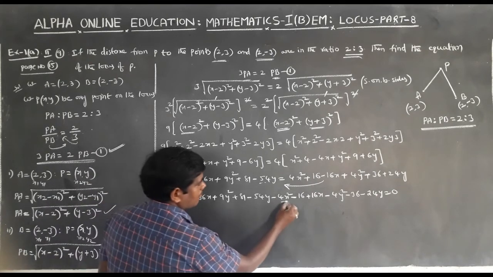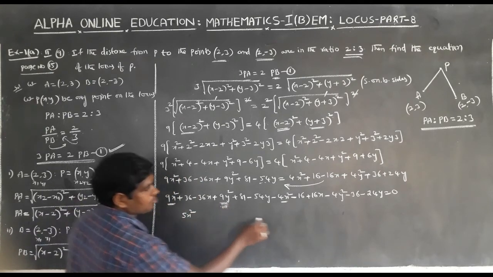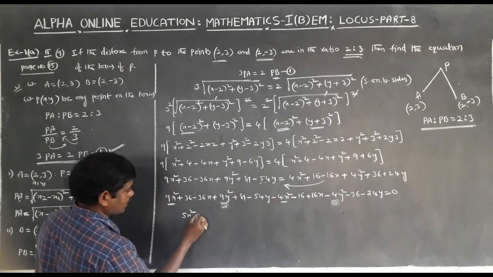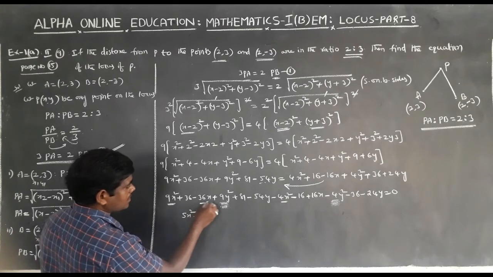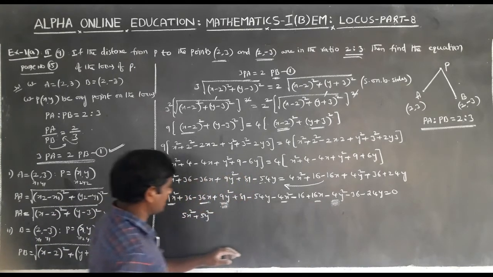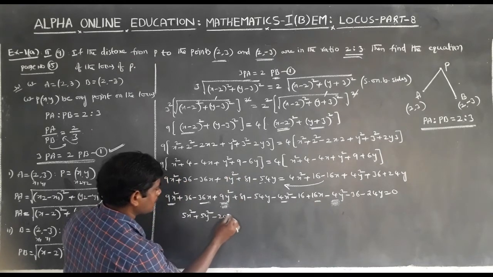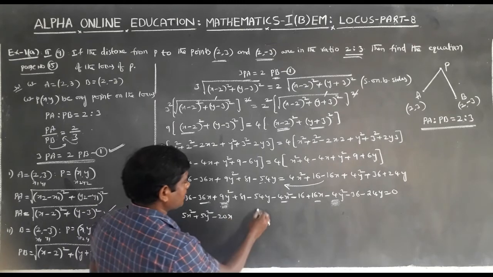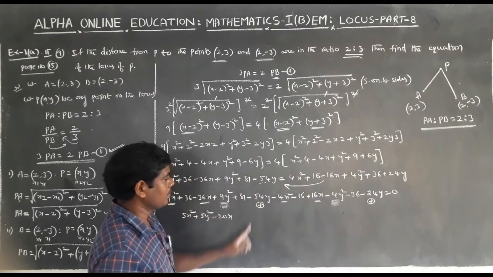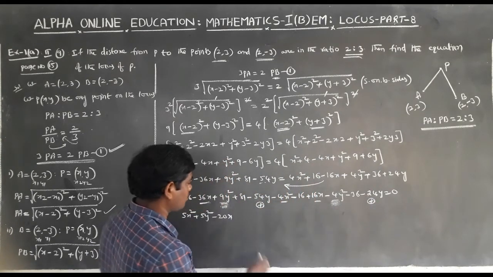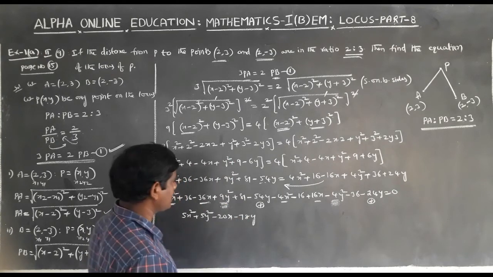9x² − 4x² is 5x², 9y² − 4y² is 5y². Again x terms: −36x + 16x is −20x. Next, y terms: −54y − 24y is −78y.